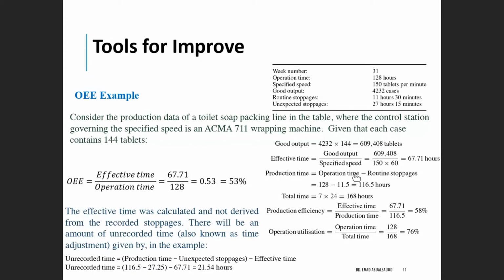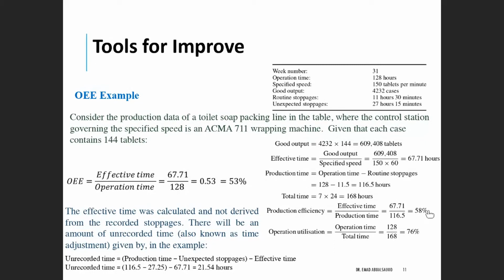So in order to find the efficiency, in our case, we divide the effective time over the production time which we just found. By dividing the effective time, the time you use for producing those tablets, over the production time, which is the operating time excluding only the routine time, we will see how the efficiency was, or the percentage of the efficiency.